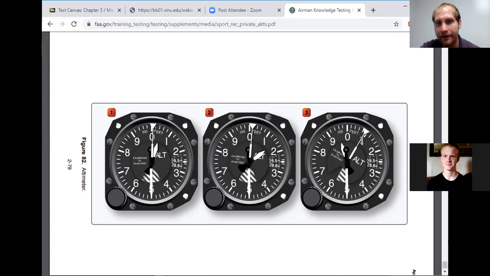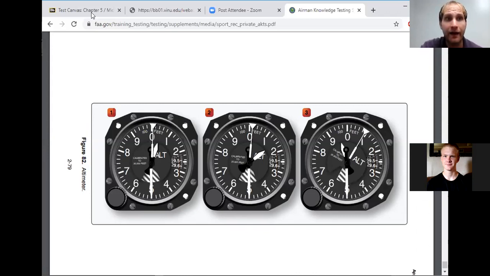The last hand, it's very short and stubby, and then it turns very thin. It is less than 10,000. So if this hand continues to increase, then our altitude would be over 10,000. But in this case, it's still less than 10,000. So this altitude is showing us 9,500 MSL.